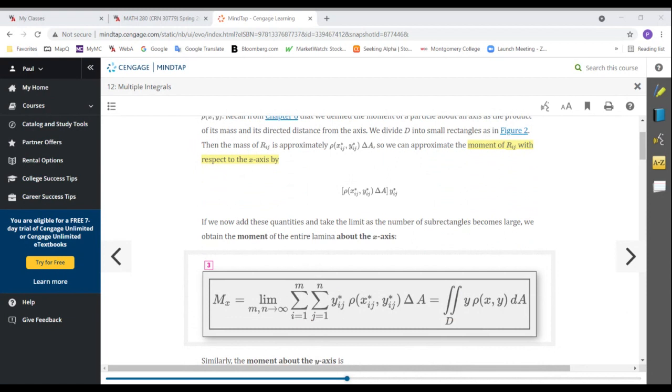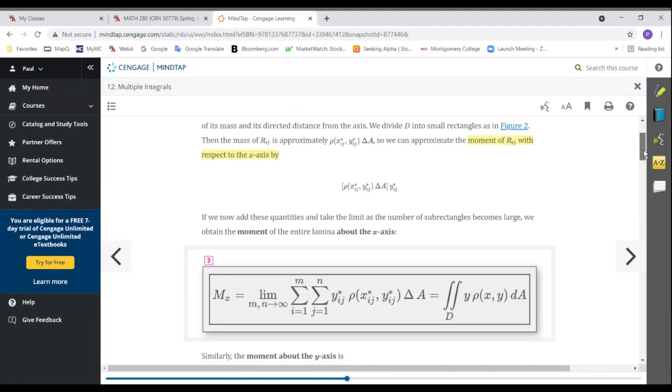So see, given double integrals, we can compute moments over a wider range of regions in the XY plane than what we could do in section 6.6. Now let's talk about the moment about the y-axis.